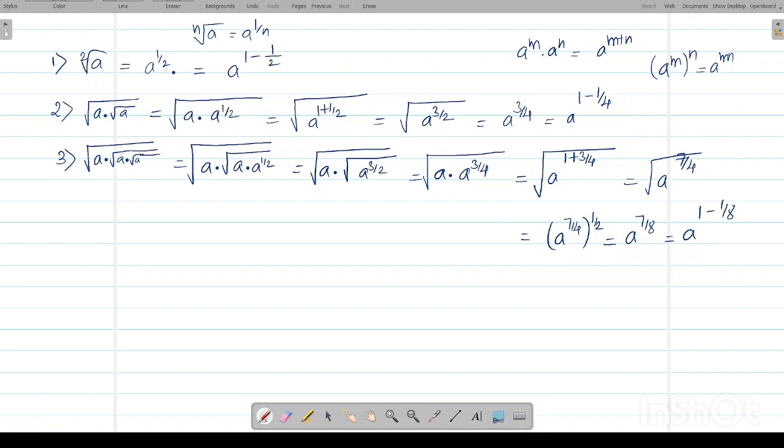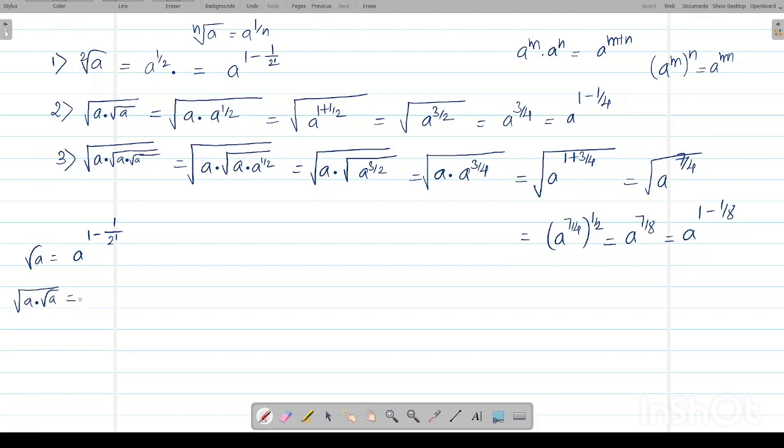Okay, now if you observe the first three terms, when I have only one a, here I can take 2 power 1, right? So square root of a can be written as a power 1 minus 1 by 2 power 1. Similarly, the second term, which is square root of a into root a.